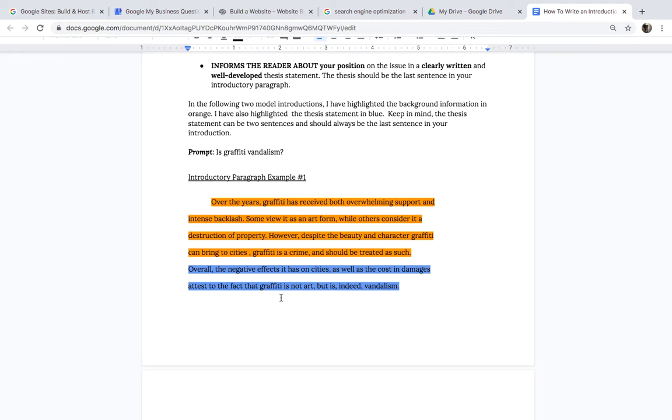Overall, the negative effects it has on cities, as well as the cost and damages, attest to the fact that graffiti is not art, but is indeed vandalism. Okay, so this is the thesis statement in blue, the last sentence in the introduction. And here, the author provides background info.